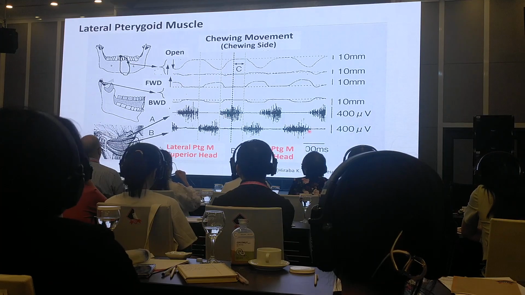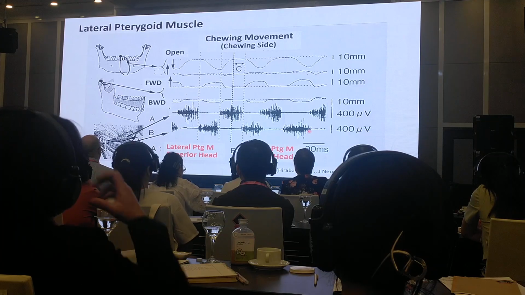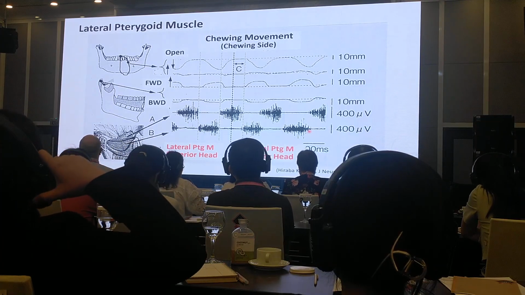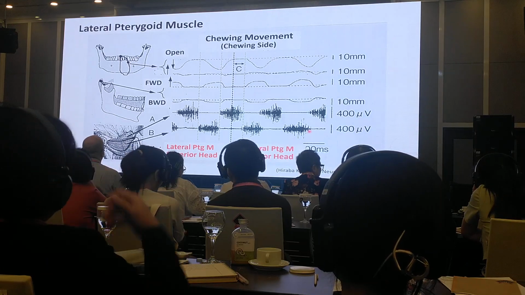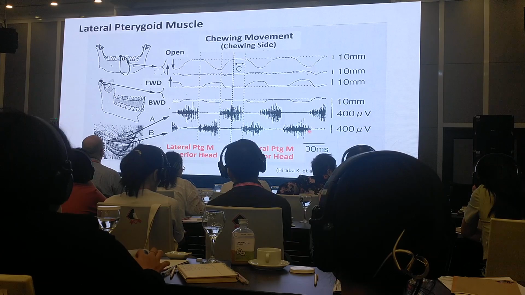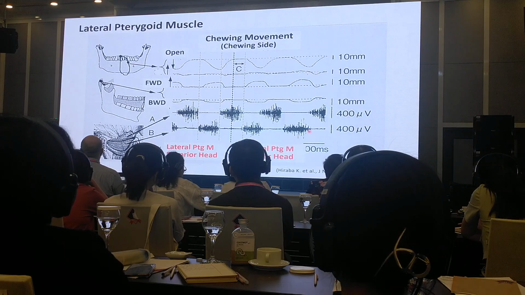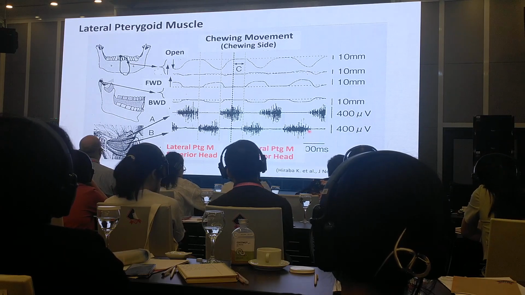Closing, opening, closing, opening. This is a completely different function of this muscle system. Please keep in mind, the superior head is a closing muscle.